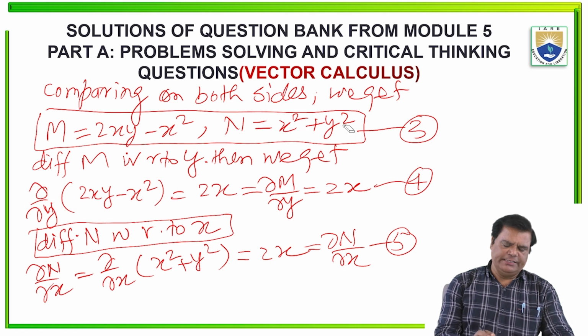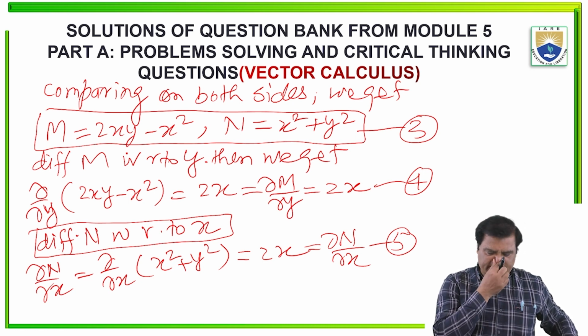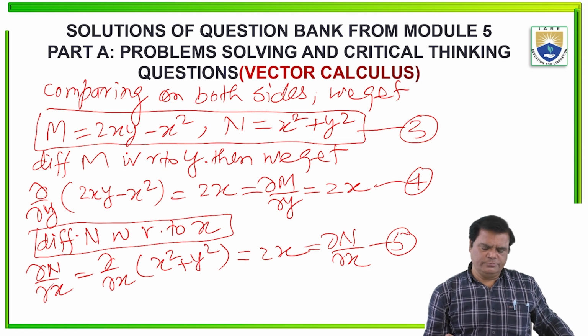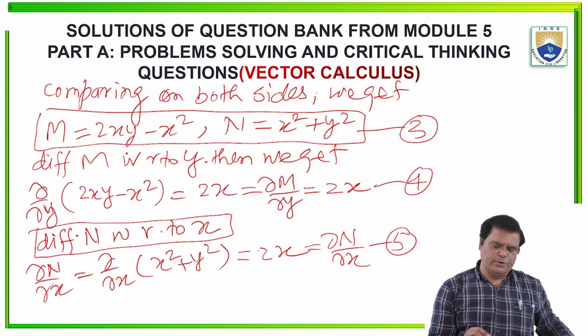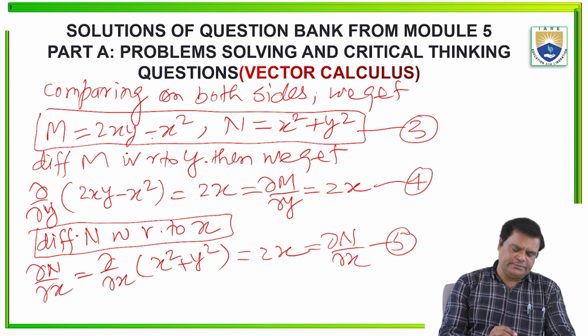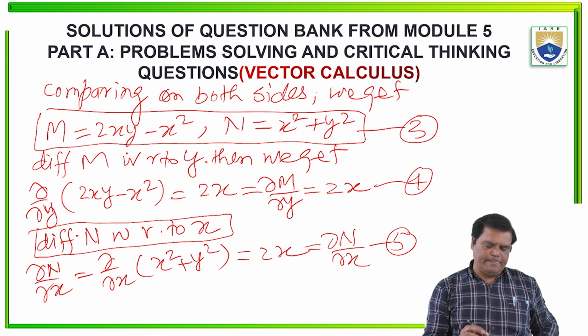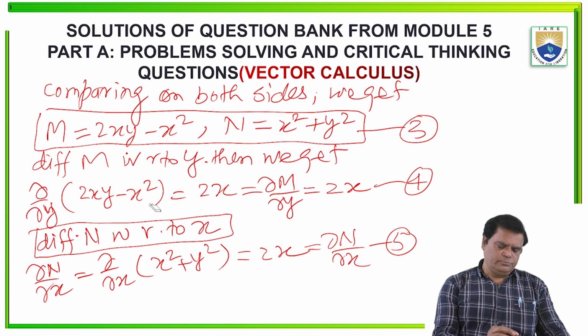M is 2xy minus x square and N is x square plus y square.